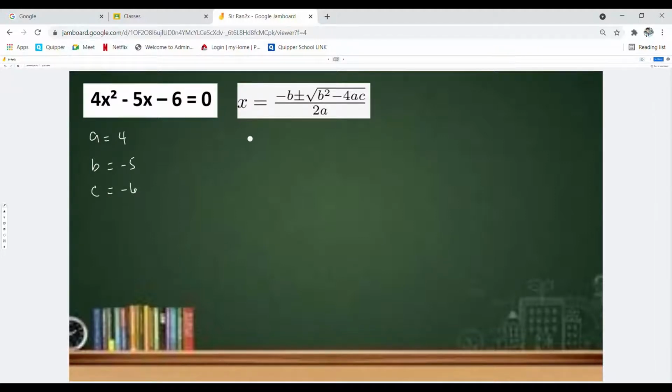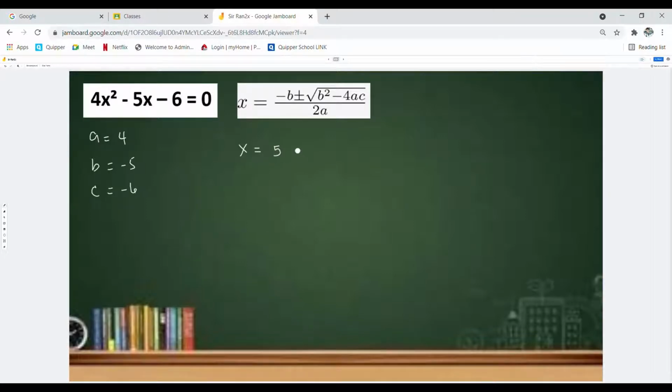What is next to do? Just plug it into the quadratic formula. So x equals, since your b is negative and the formula is negative b, that becomes positive 5, because negative times negative is a positive.